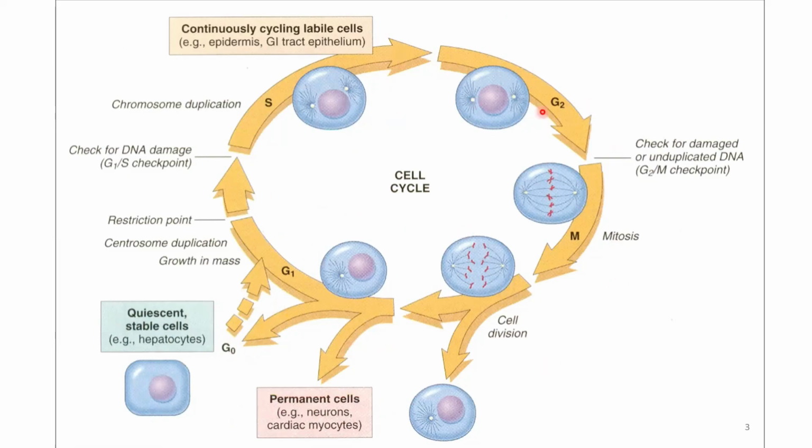I want you all to understand this, and the cells, how they multiply or how they proliferate, because it is important to understand the topic which we are going to study, that is neoplasia.